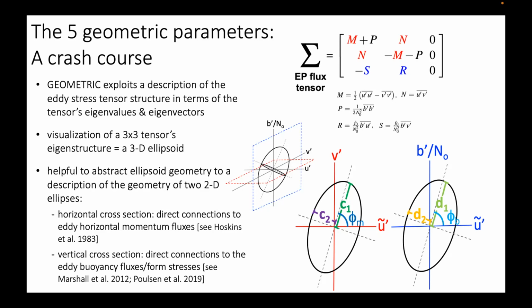It can be helpful to abstract this geometry, to project it into 2 planes, a U'V' plane and a B'U' plane. And so then if you do this projection, now you can describe the geometry of two-dimensional ellipses, all right? The horizontal cross-section has direct connections to the horizontal eddy momentum fluxes, and the vertical cross-section has direct connections to the eddy buoyancy fluxes or the eddy form stresses, okay?